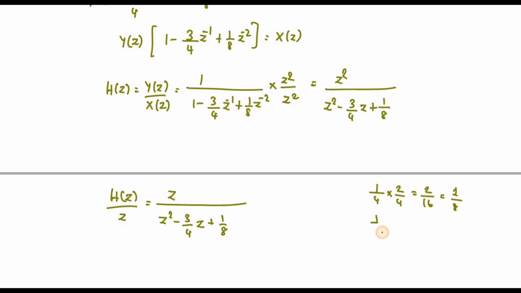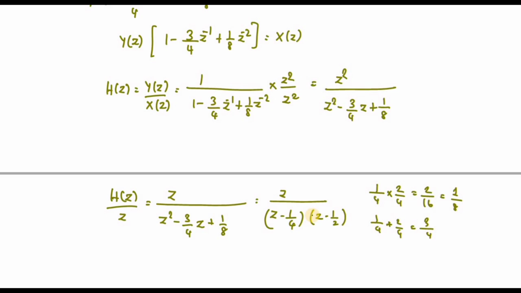If I add 1/4 plus 2/4, I will get 3/4. So I can write z divided by z minus 1/4 into z minus 2/4, that is nothing but 1/2.